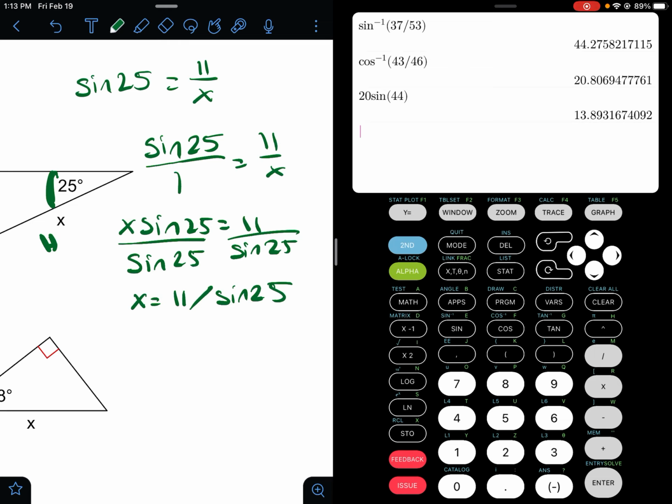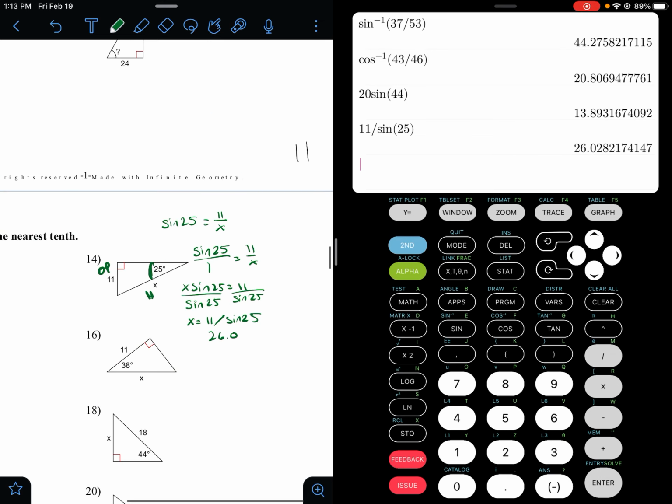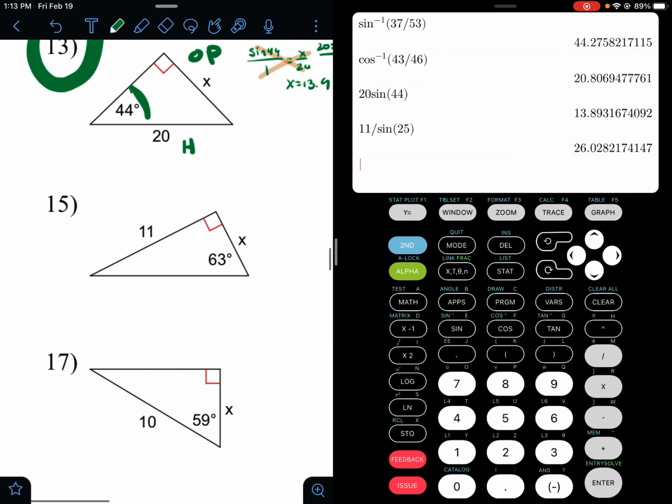So again, if the x is on the bottom, you're going to be doing division like this. So we do 11 divided by sine of 25, and we should get 26.0. Awesome. So let's go ahead, we'll do one more.